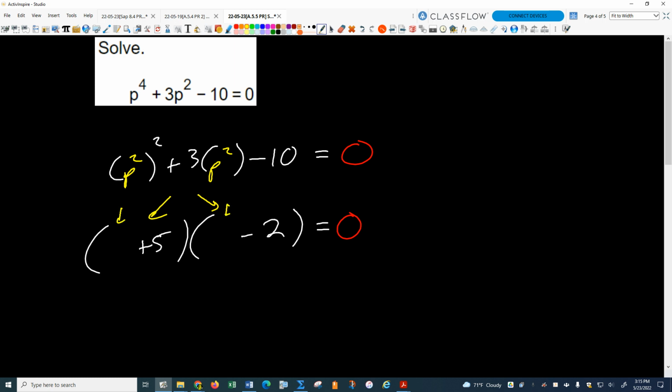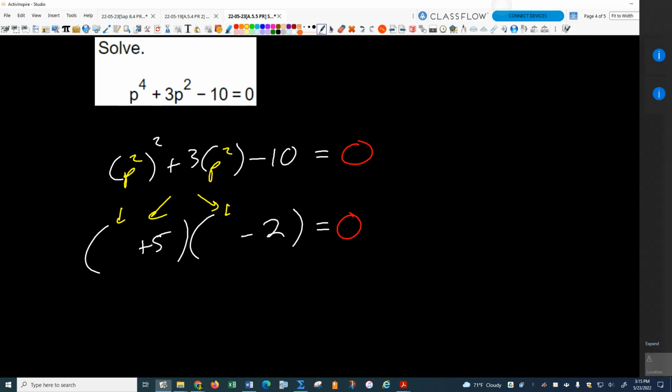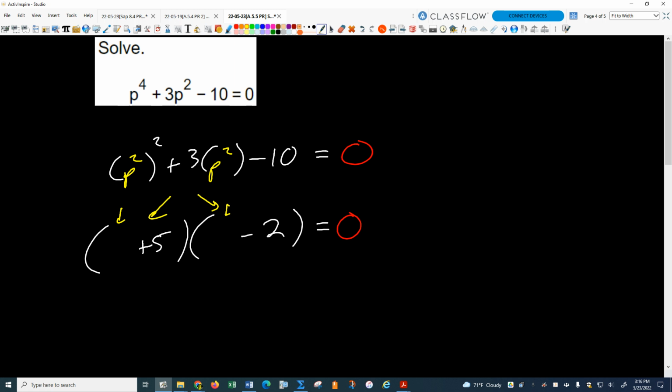P squared, yeah. Instead of just being a plain old x, it's going to be whatever this quadratic was in pieces of, which is p squared. And it has to be that way because if I were to expand this out, first times first needs to give me p squared squared. So it just must be p squared times p squared, right?